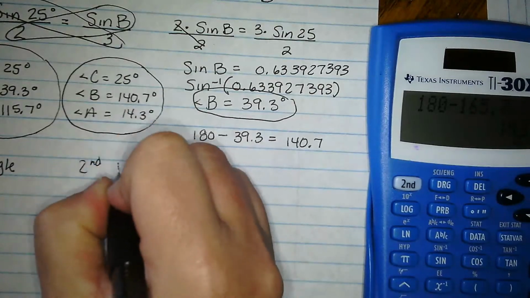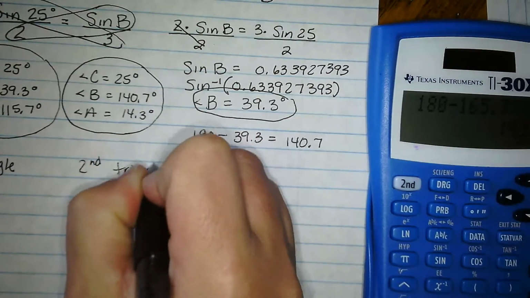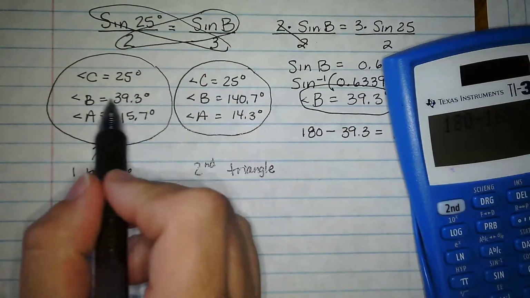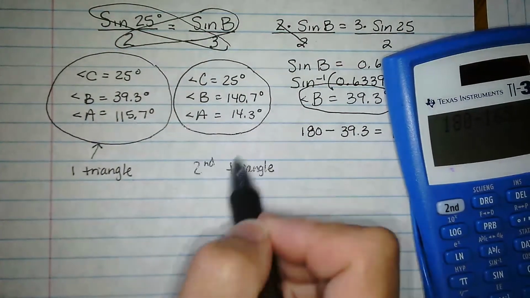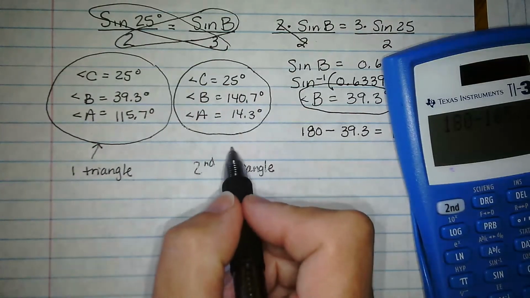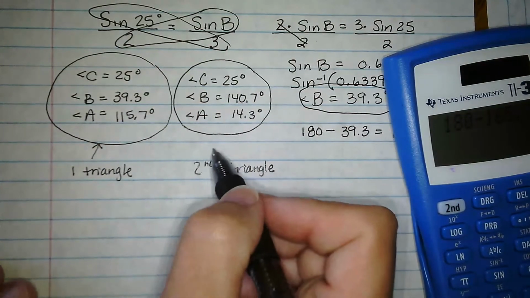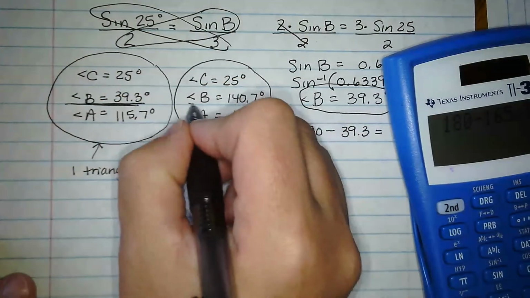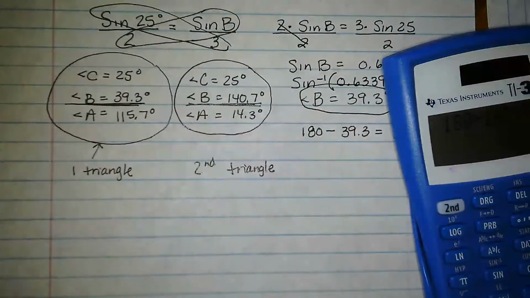So we have a quadrant 1 triangle where angle B is acute, and we have a quadrant 2 triangle where angle B is the obtuse one. So there's two triangles or two angle Bs that are doable for this question.